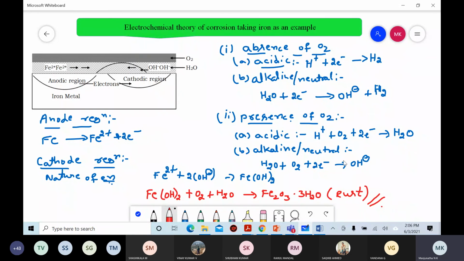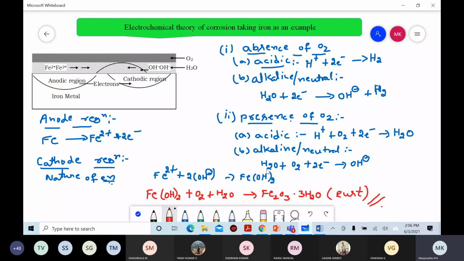Now, the Fe2 plus ions liberated at the anode react with the hydroxyl ions liberated at the cathode, forming FeOH2, that is, an iron hydroxide layer, initially.